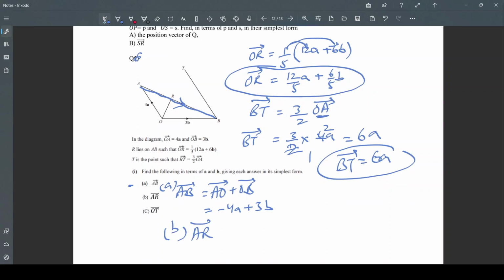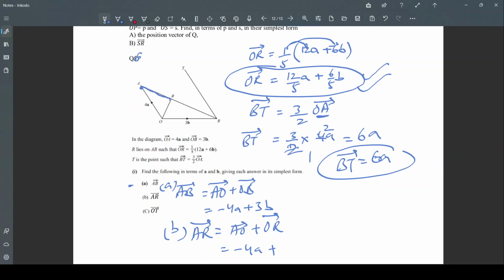For the AR vector, AR is equal to AO plus OR, right? For AR we can go from this direction to this one. AO vector is minus 4A, plus OR, which we have already calculated here.